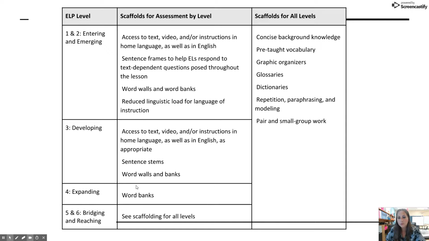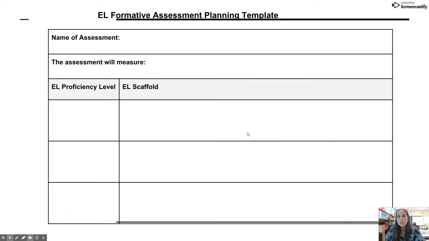So as you go through here, you'll see that there are different scaffolds for different levels. When we're thinking about assessing students, this is just a framework to help you. If you pull up an assessment that maybe you've used in the past, when you didn't have English learners, you could put the name of the assessment here.